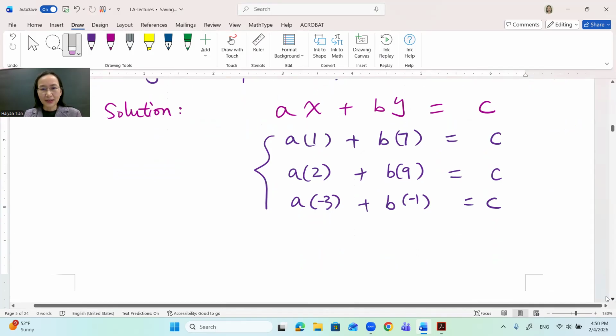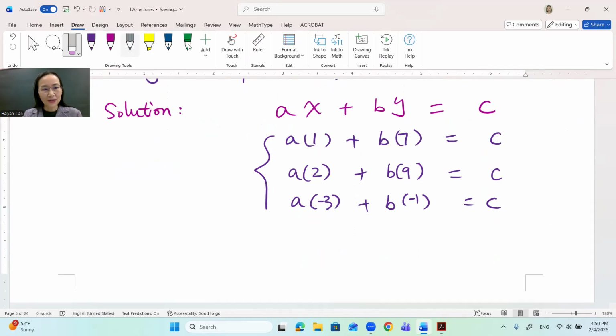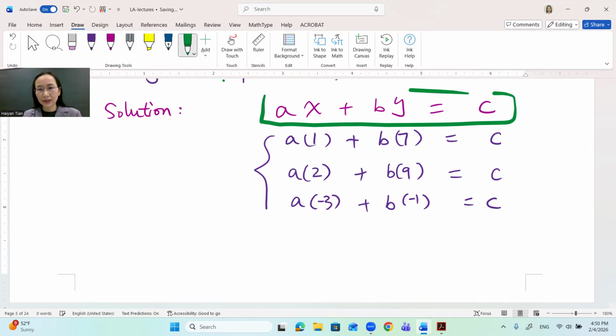If we can find a, b, c so that all 3 equations are true, then that means we have a line, right? So the question is actually about the existence of a solution for the system.